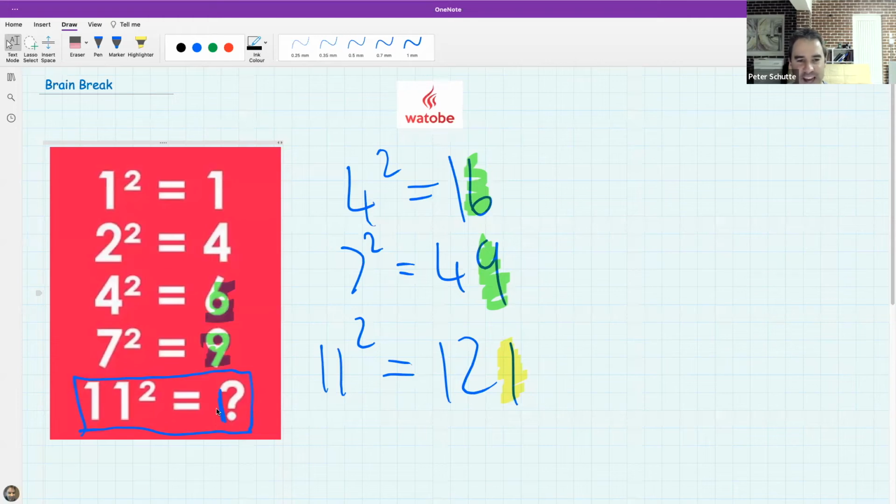Because basically what it's saying is, square a number, and then what is the value of the number in the unit place? Okay, so 7 squared is 49. The tens are 4, the units are 9. 11 squared. What's the value of the thing in the unit place? It's 1.